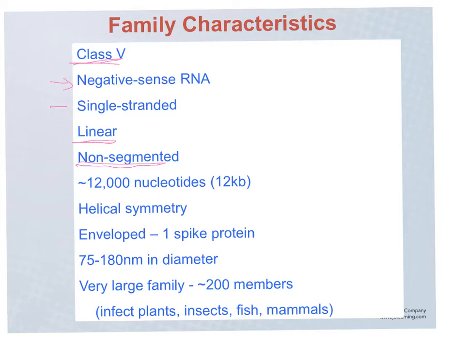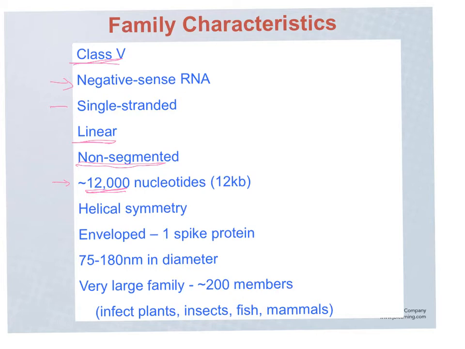The genome is on the order of about 12,000 nucleotides in length, and that varies just a little bit depending on the particular virus within the family. And this 12,000 nucleotides is about 50% larger than the last virus that we looked at, Picornaviridae, and therefore we expect that there might be more going on with this genome.